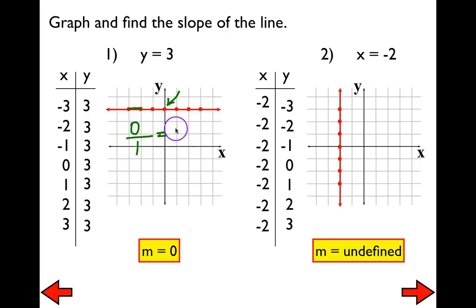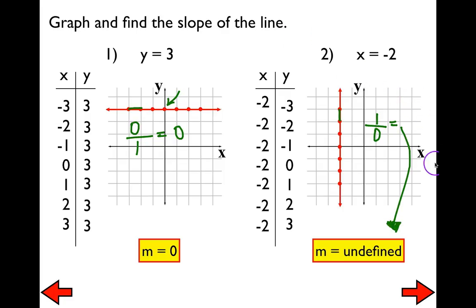So I can say this is indeed 0, with 0 as my numerator. Now in this case, what's my rise? I'm going to say my rise is 1. What's my run though? It doesn't run at all, so the answer is 0. So notice here, since I can't divide by 0, this one would have to be undefined.